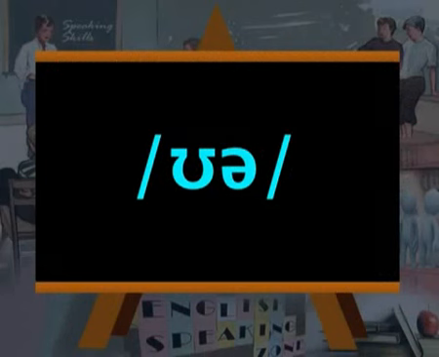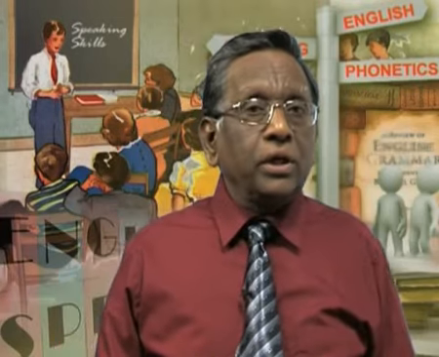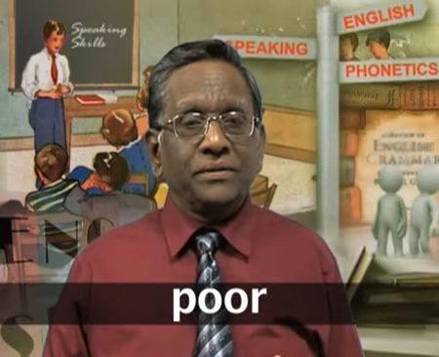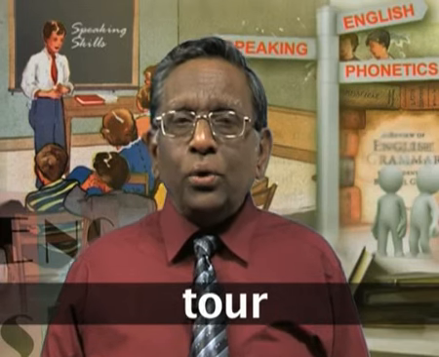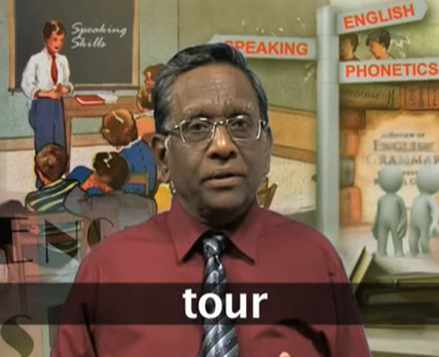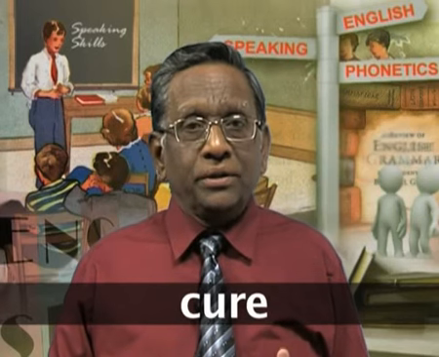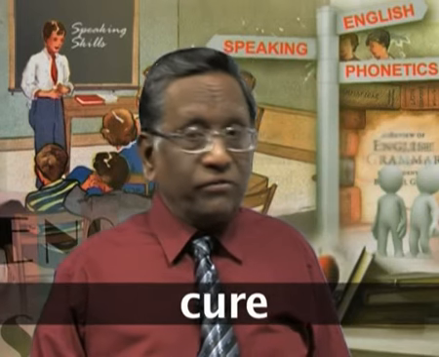And finally, we have ua, as you have in a word like P-O-O-R, poor, T-O-U-R, tour, C-U-R-E, cure. That is the diphthong.